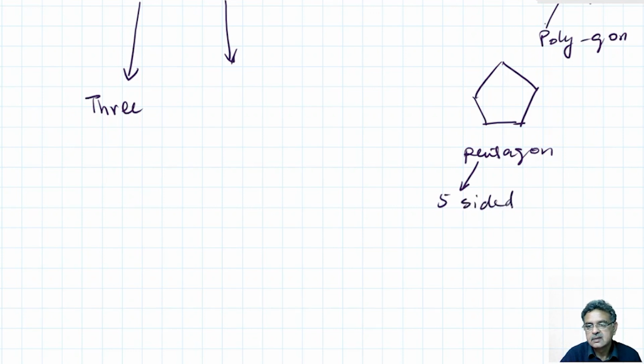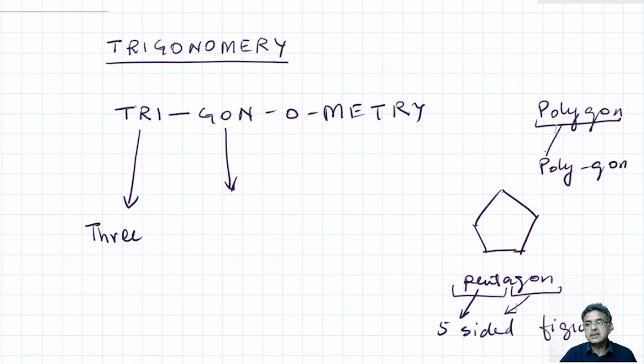As many sides as there are in a pentagon, that is five-sided. Polygon means many-sided, a figure with many sides.